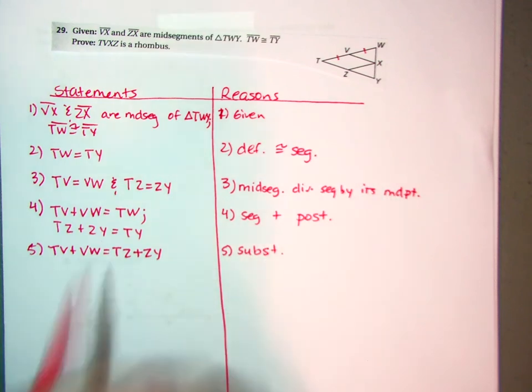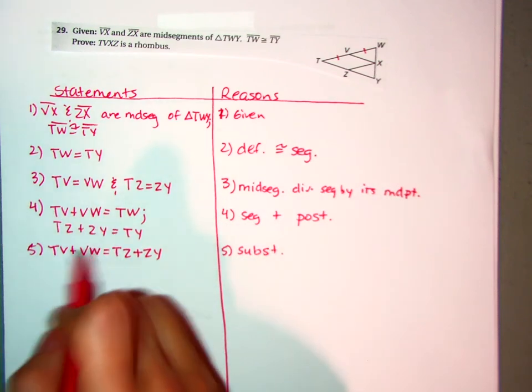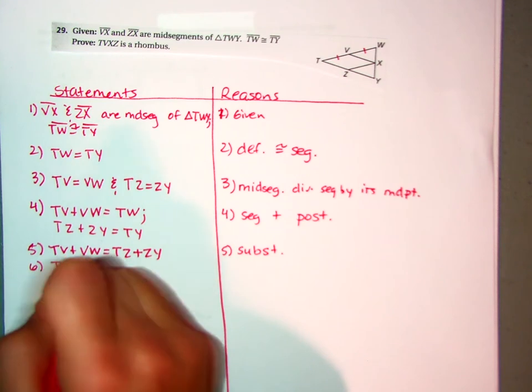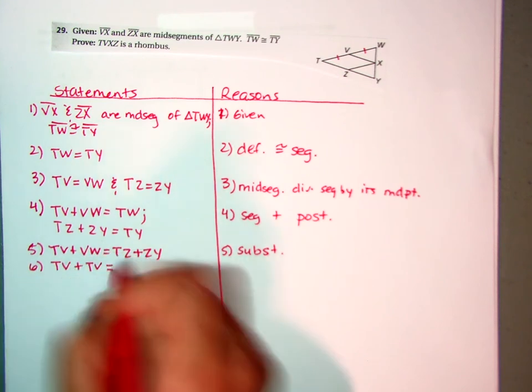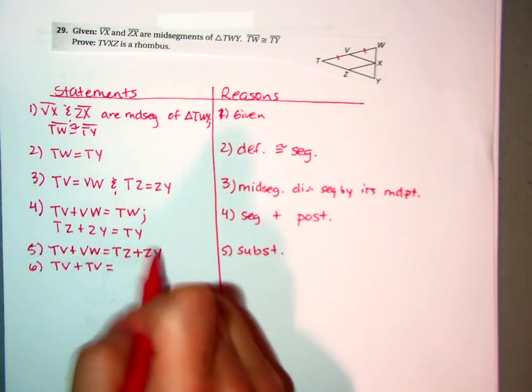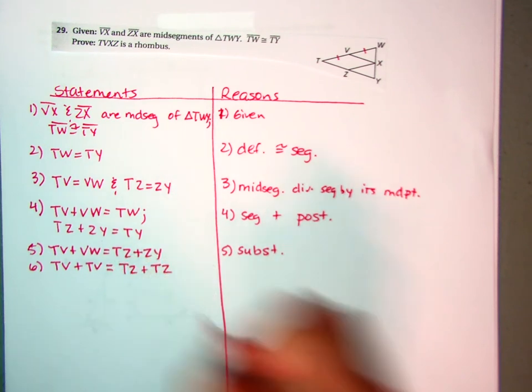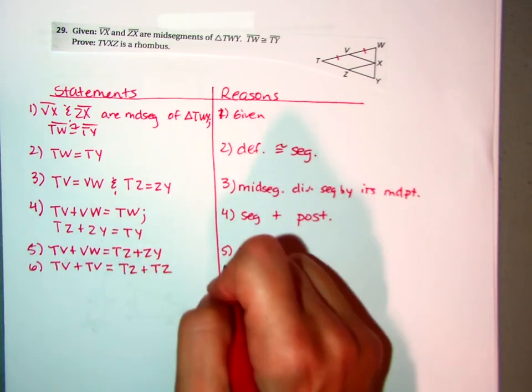But the other thing I can substitute in is, since I know that TV and VW are the same, I could replace this with TV. So now for number 6, I have TV plus TV equals, and then look over here, TZ and ZY are the same, so I can replace ZY, so I can have TZ plus TZ. That again would be substitution.